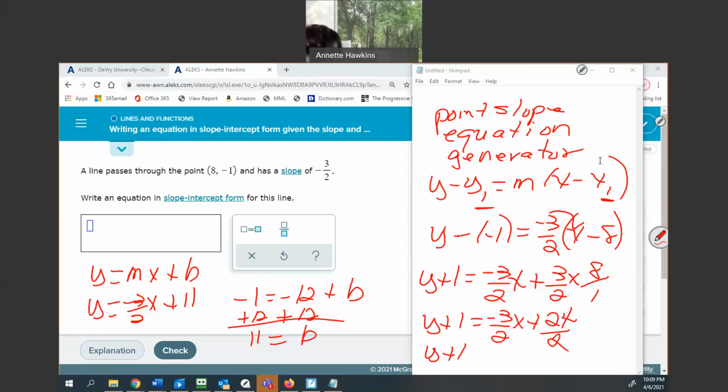Y plus 1 equals -3/2 x plus 24/2. Y plus 1. Where did we see this before? Y plus 1 equals -3/2 x plus 12. And then we solve for y.